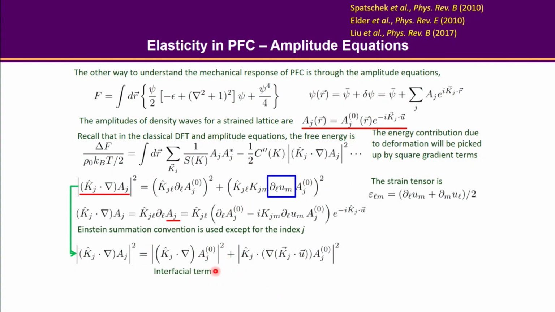It just tells you if the amplitude drops from solid to liquid, it's going to cost energy, because it evaluates how fast the amplitude is changing across to the liquid side. So this term has nothing to do with the elasticity. Only the second term is associated with strain, because we know the strain tensor is coming out of here.